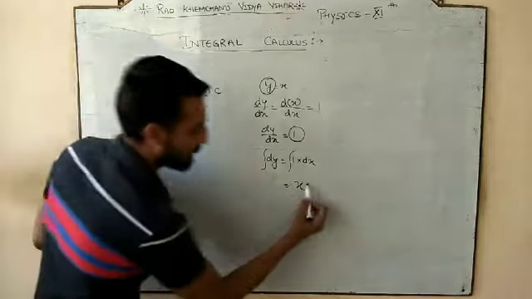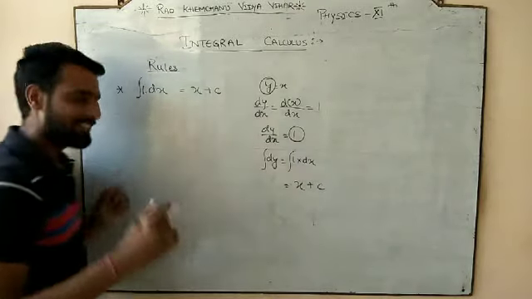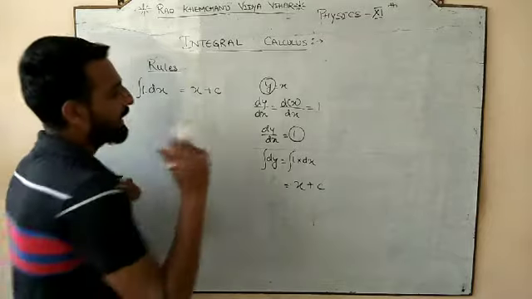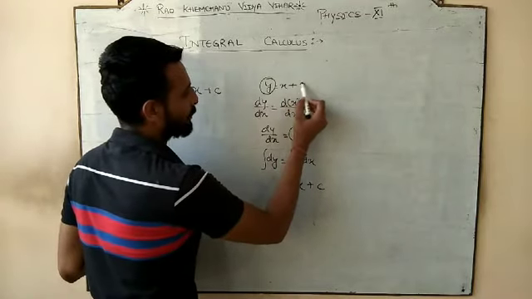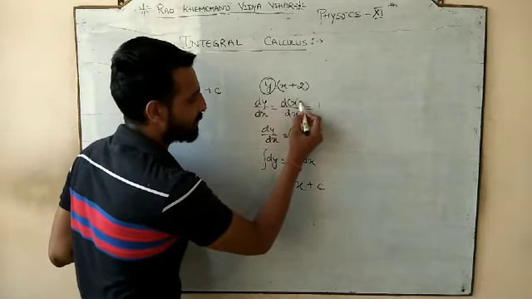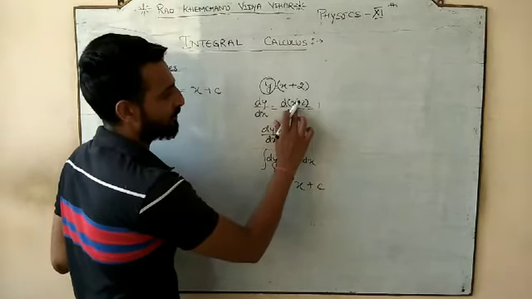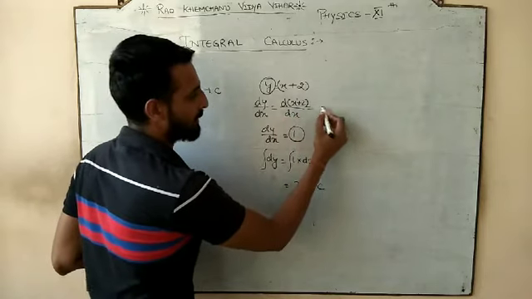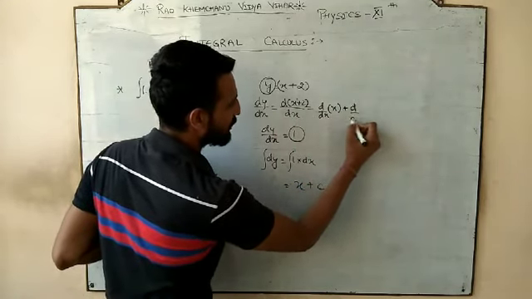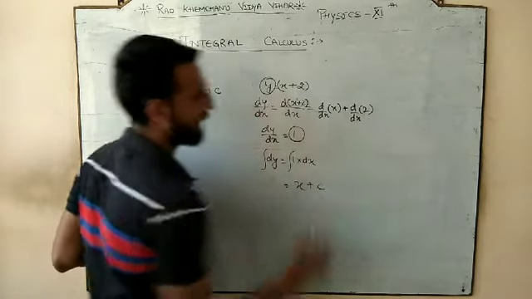x again plus c. This c represents some constant, because if there is some constant, let's suppose there is x plus 2. Imagine that. If there is x plus 2 here, so the differentiation of x would be done separately. So d by dx of x plus differentiation of 2 is going separately.